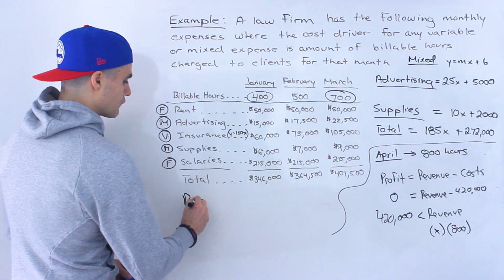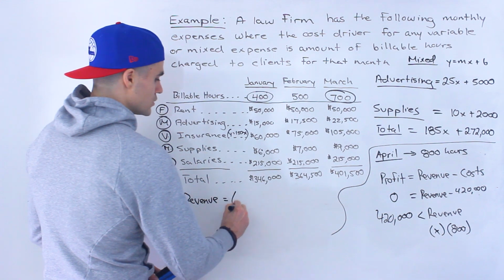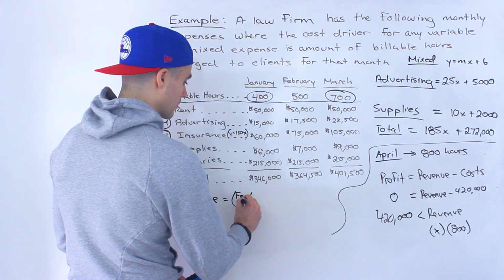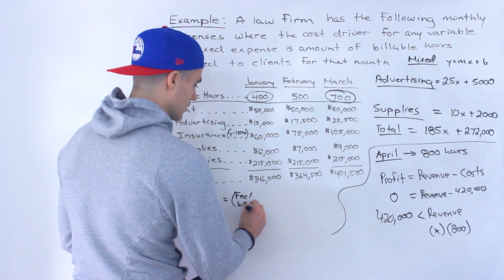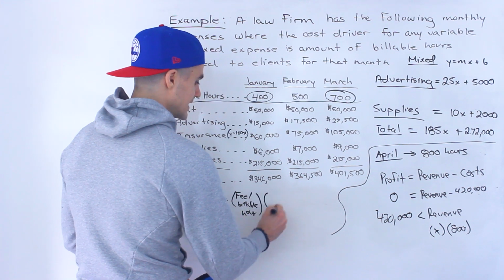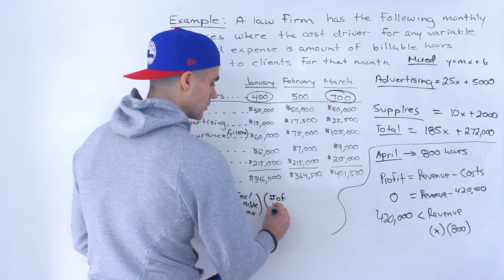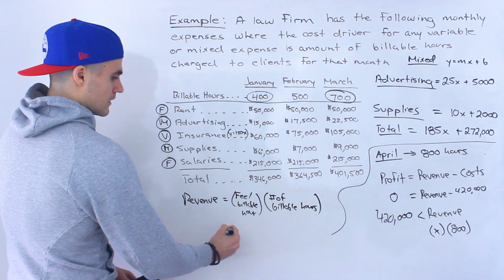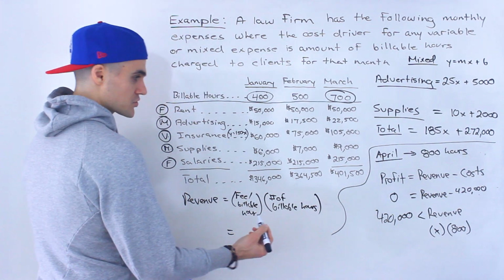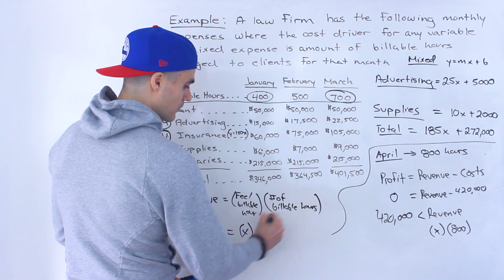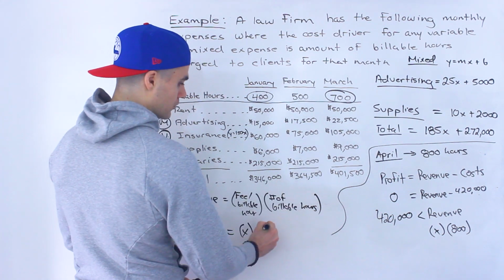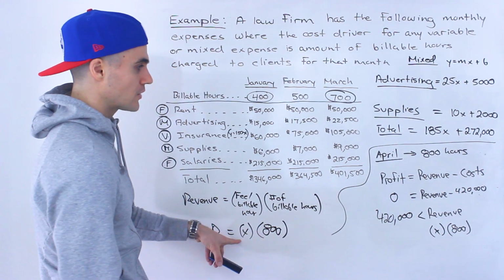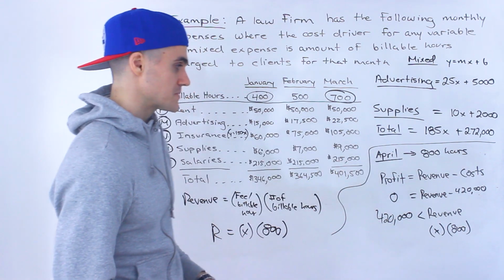In this case for this law firm, its revenue is equal to the fee per billable hour, the amount they're charging their clients, times the number of billable hours. The fee per billable hour is what we're solving for. That's the X. And then the number of billable hours, we're given that. In this case, in April, it's expected to be 800. And so the revenue formula basically is 800X for April specifically.